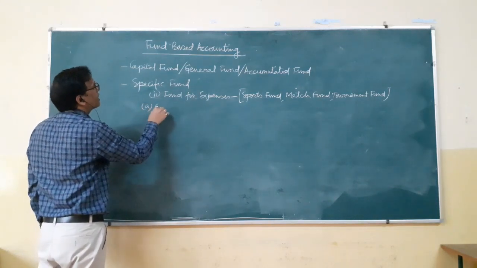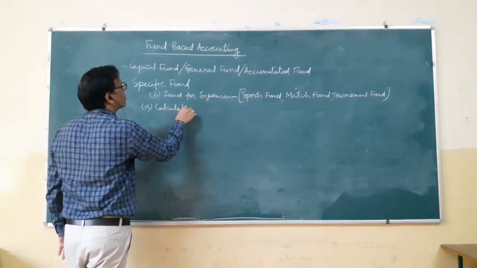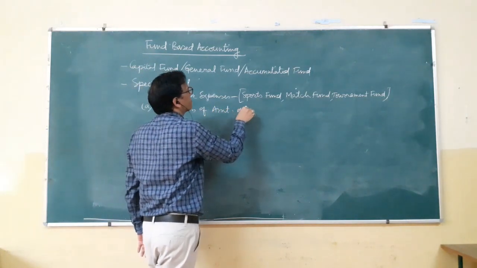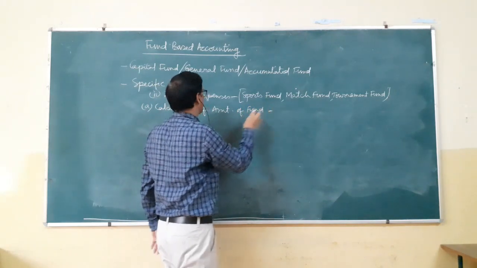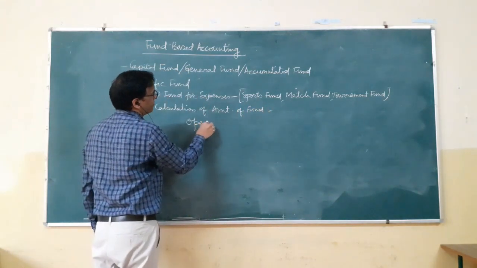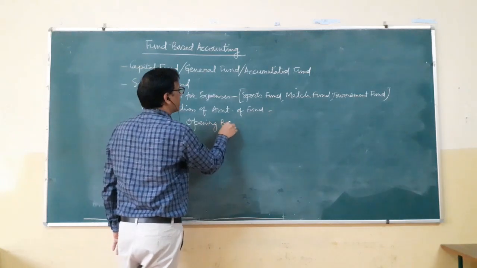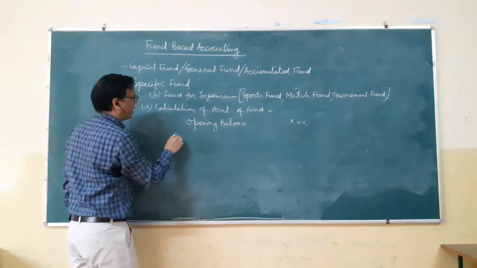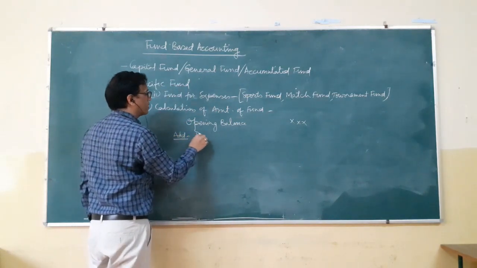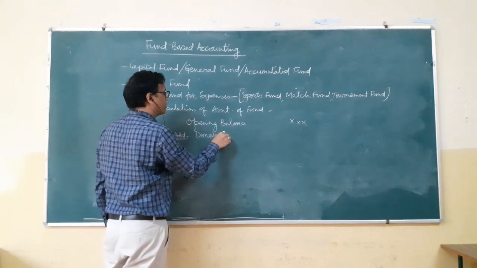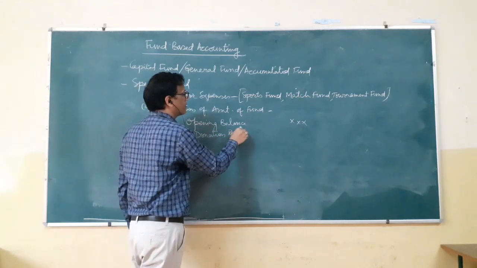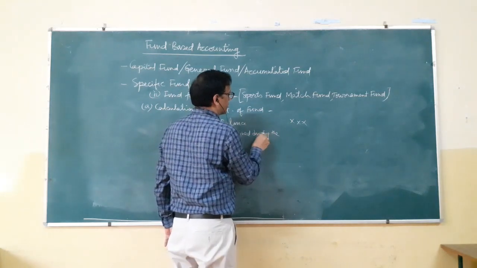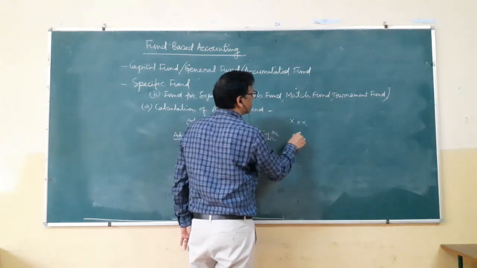First thing, how will we calculate? So calculation of amount of fund. Opening balance, the previous year's balance of this fund. We add donations received during the current year. This year, whatever amount we have received.